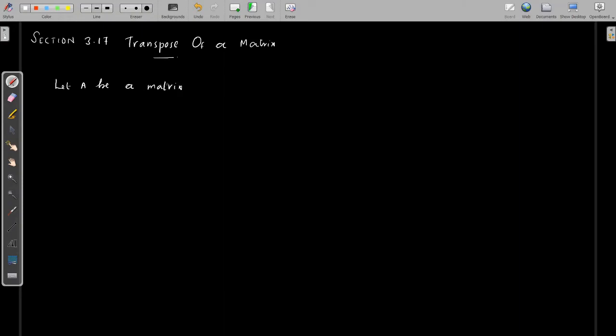Let A be a matrix. We can look into the definition of the transpose of a matrix. Let A be a matrix.